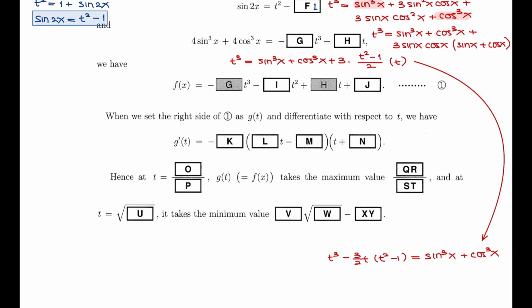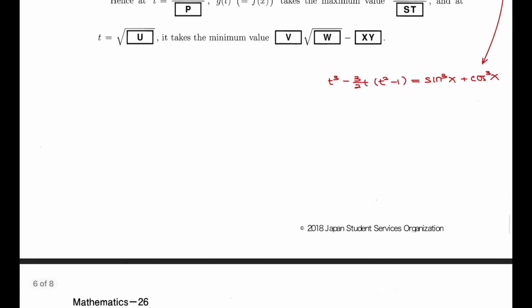And then the last thing is I will multiply this equation by 4, since we want to find 4 sine cubed x plus 4 cos cubed x. Multiply it by 4. I will obtain 4t cubed minus 3 over 2 t times 4, minus 6t times t squared minus 1, equals 4 sine cubed x plus 4 cos cubed x.